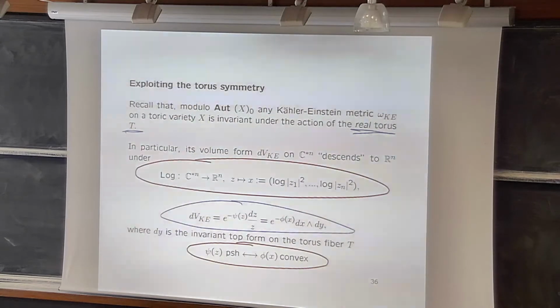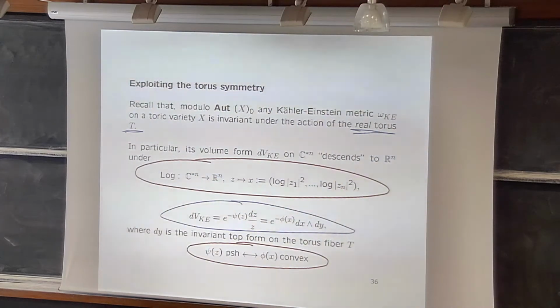Okay, so because we have automorphisms, we know that any Kähler-Einstein metric actually respects the torus symmetry up to automorphism. So if there is a Kähler-Einstein metric, there is one which is invariant under the real torus. Okay, so in particular, its volume form really in some sense descends to Rn. All the information about this volume form is encoded in Rn, right?